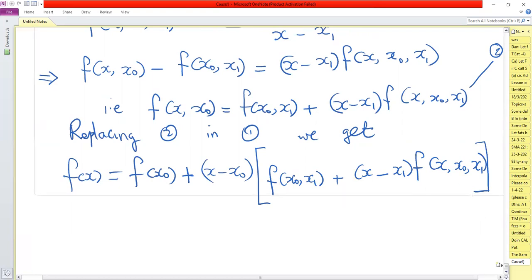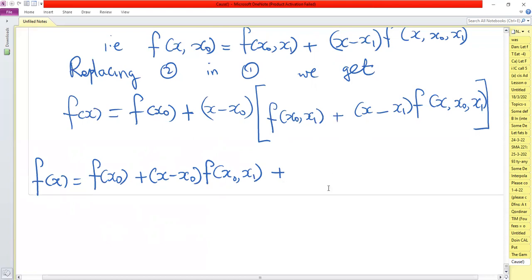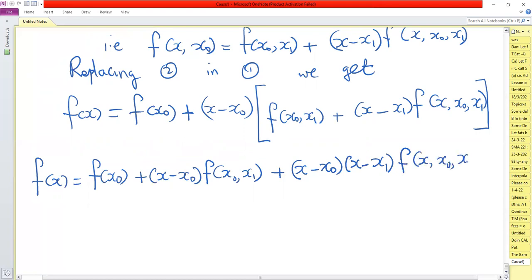Actually this is not minus but plus, because taking this one to the left-hand side will be positive. So let's open this. We get f of x will be given by f of x naught plus x minus x naught times the first divided difference of x naught, x1, plus x minus x naught, x minus x1, multiplied by f of x, x naught, x1. Let's call this one 3.